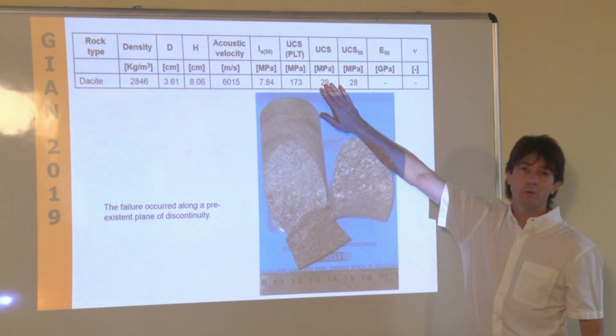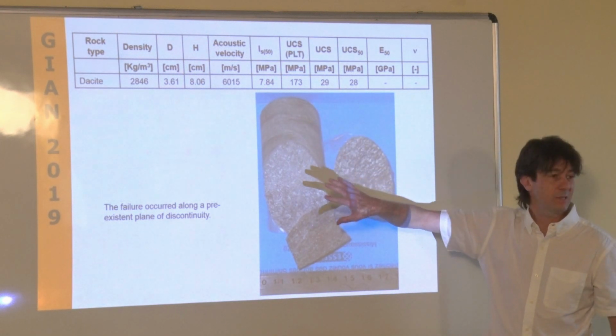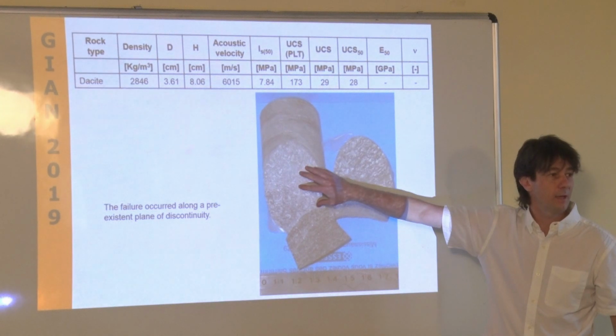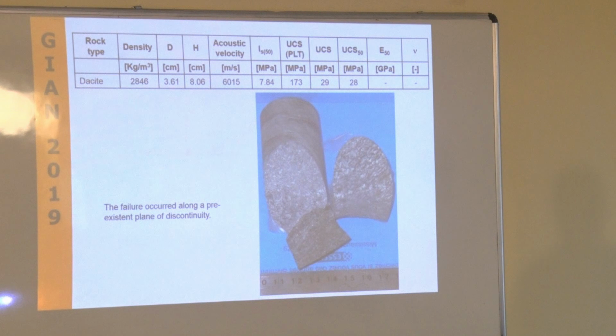So this value is nothing else than the shear strength of that particular plane. So this test needs to be completely disregarded for basically the assessment of the strength of your material.